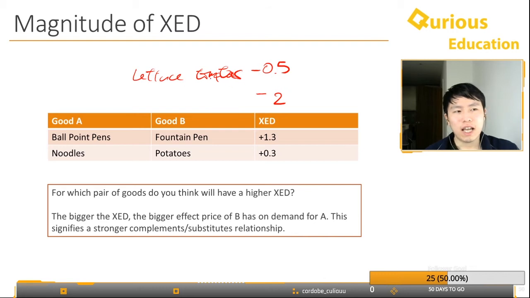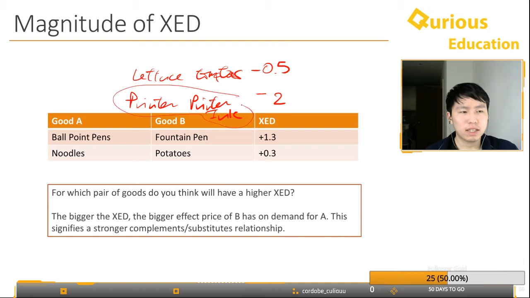So you don't necessarily have to have both goods at the same time, but say if it's for printer and printer ink, they would be much closer complements and they would affect each other much more. And that's because you must need one in order to consume the other. So the complementary relationship is stronger compared to, say, lettuce and tomatoes.